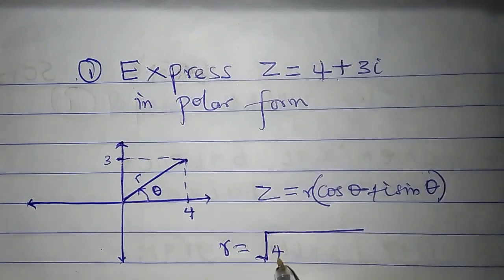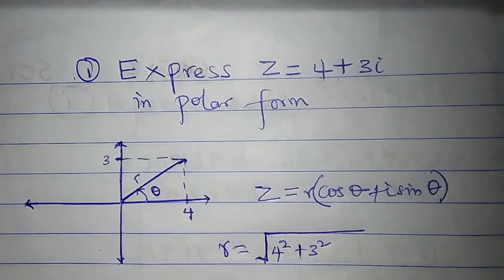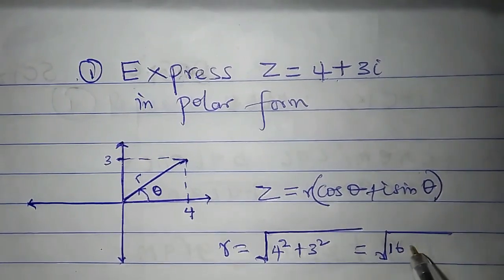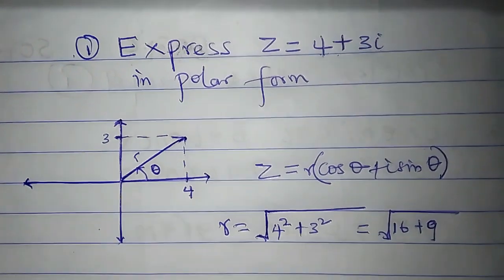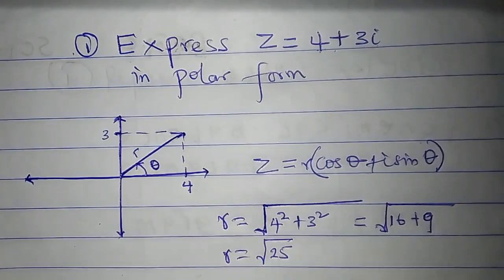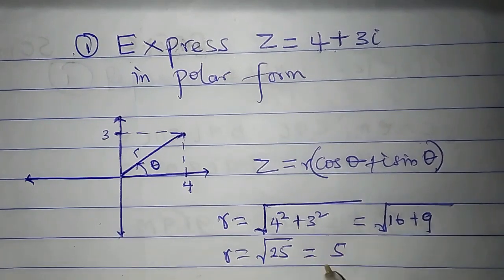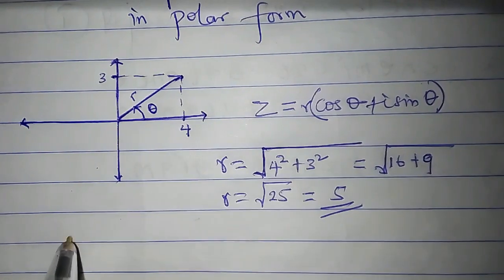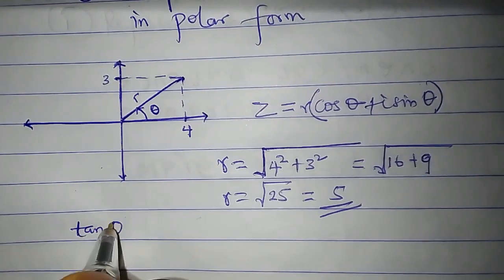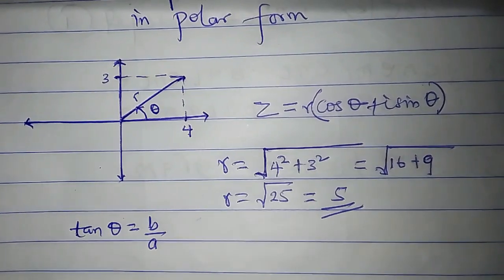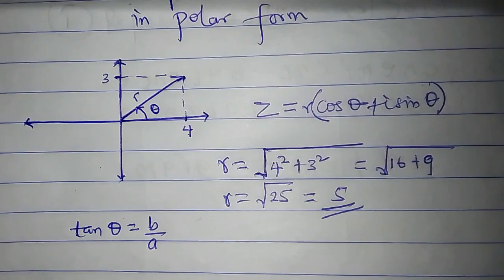That will be 4 squared plus 3 squared. Okay, so we have 4 squared is 16, 3 squared is 9. 16 plus 9 is 25. So we have the square root of 25, which is equal to what? 5. So the modulus is 5. Remember also that tan theta is equal to b over a. Okay, so theta is the tan inverse of b over a.